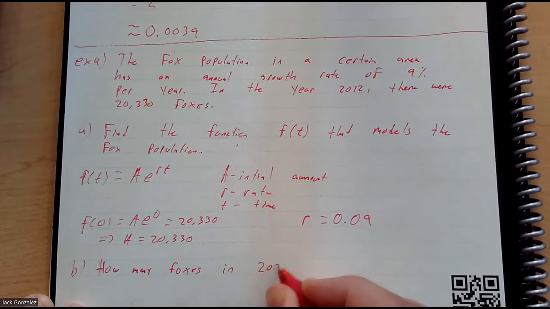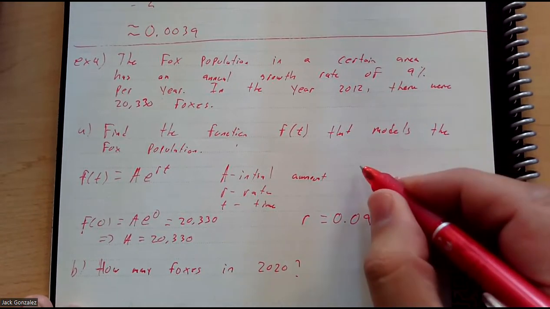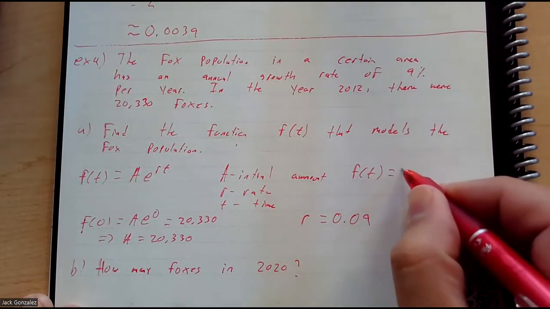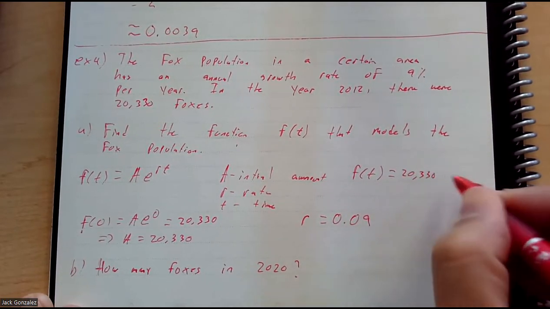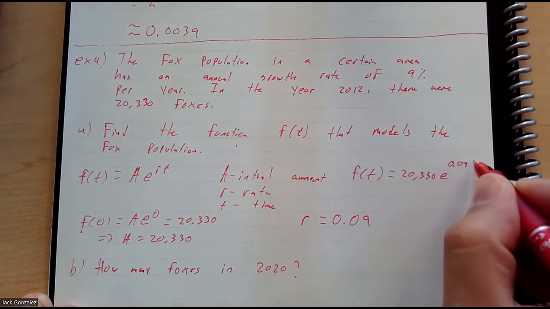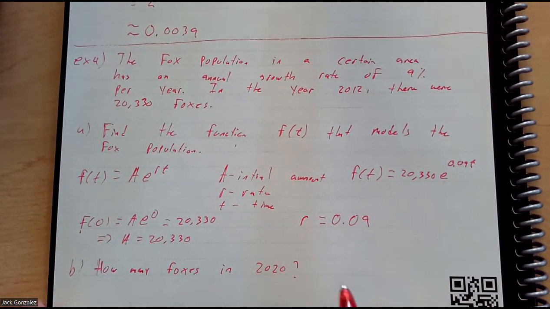In 2020. Well, use the formula we just figured out, right? F of t is equal to 20,330 times e to the 0.09 t. I ran out of space. So 2012 is 0. What year is 2020?